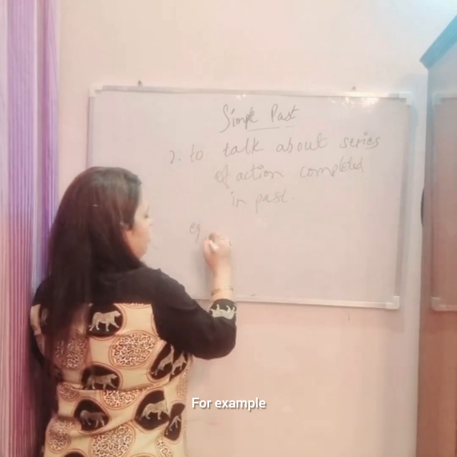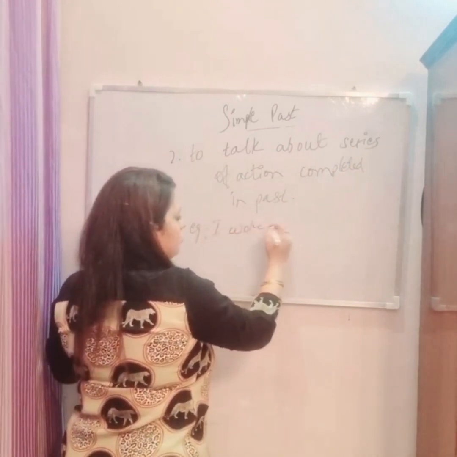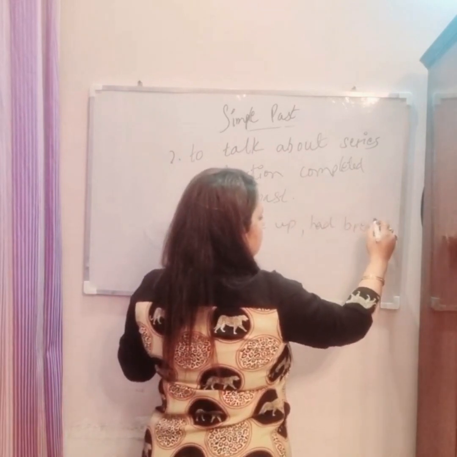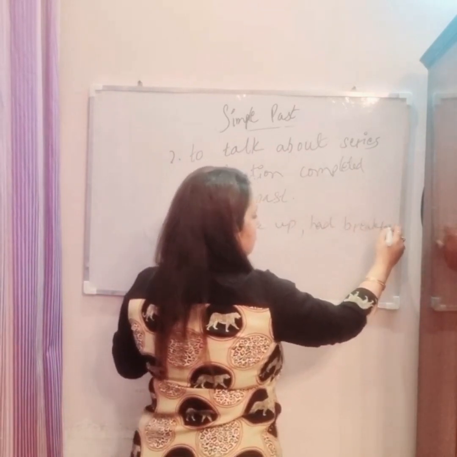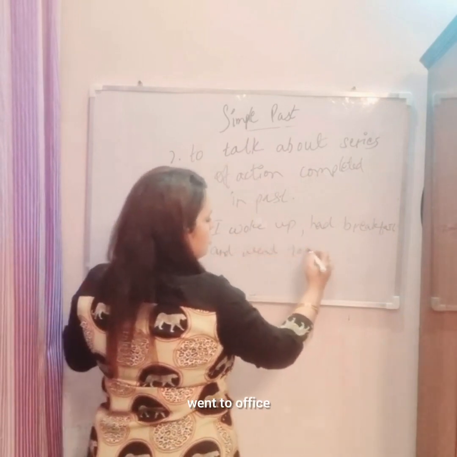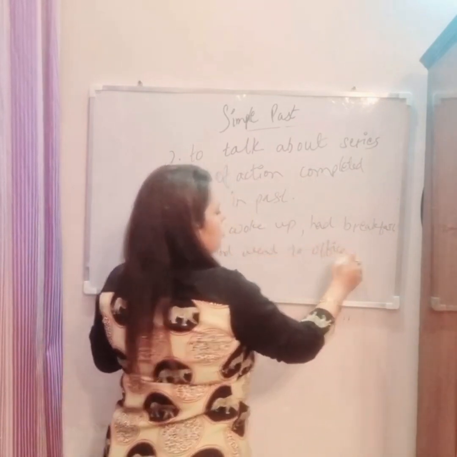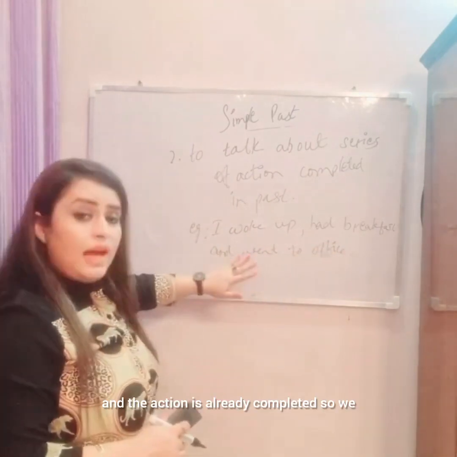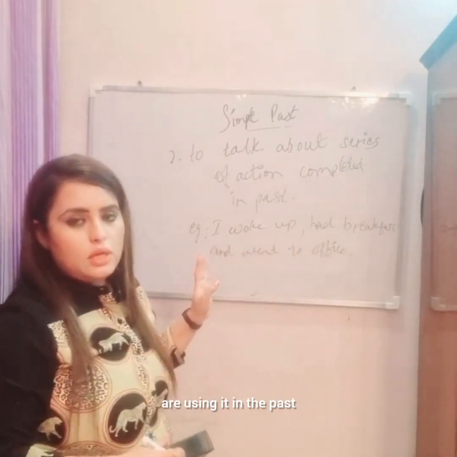For example, I woke up, had breakfast, and went to office. So these are in a series, and the action is already completed, so we are using it in the past.